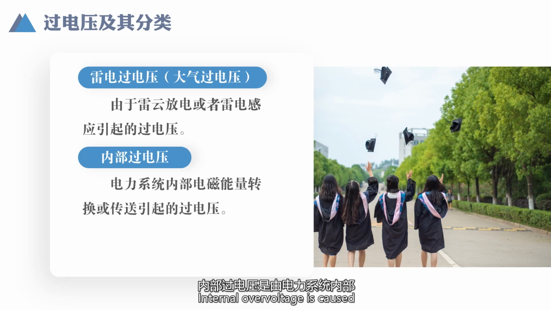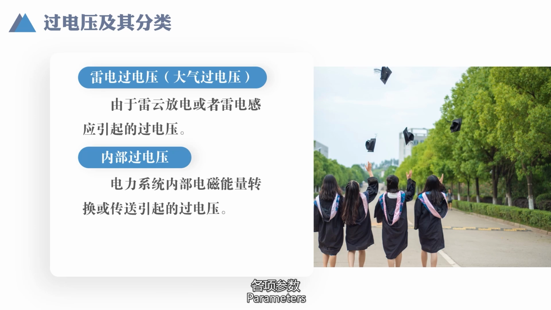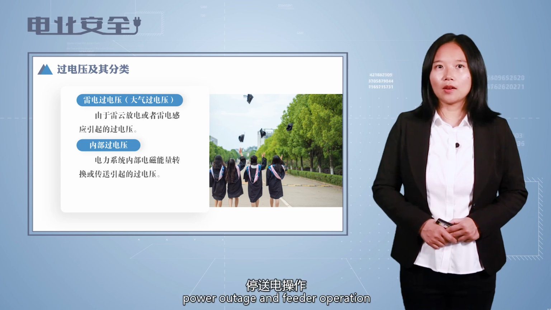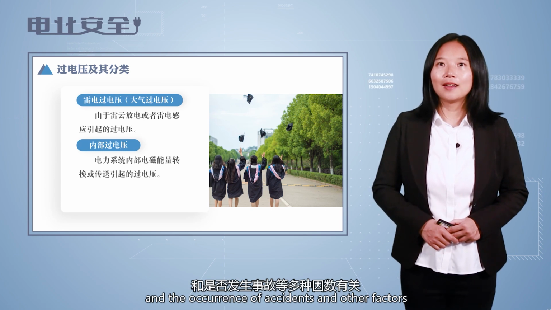Internal overvoltage is caused by the power system's internal electric-magnetic energy transfer or transformation. It is very complex, related to the internal structure of the power system, parameters, operating conditions, power outage and feeder operation, the occurrence of accidents and other factors.